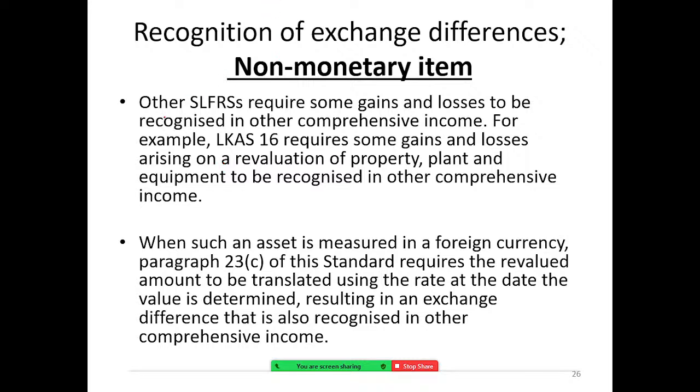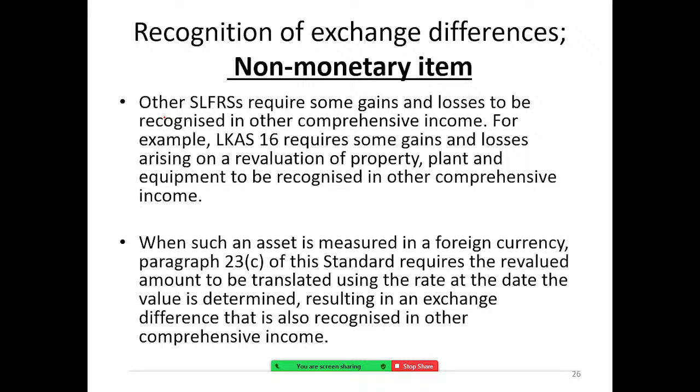Other SLFRS require some gains and losses to be recognized in other comprehensive income. For example, LKAS 16 requires some gains and losses arising on revaluation of property, plant and equipment to be recognized in other comprehensive income.